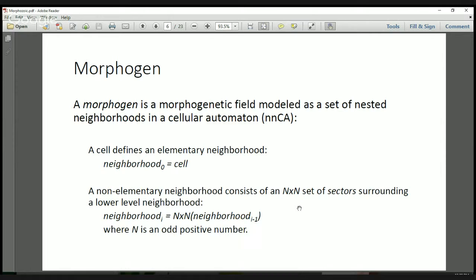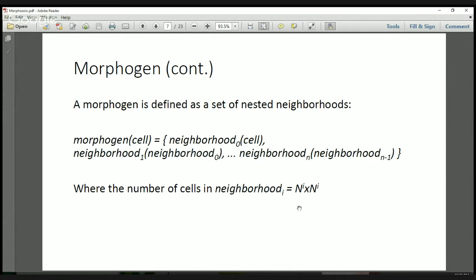So neighborhood sub i is an n by n quantity of neighborhoods of the next smaller, i minus one, set. A morphogen is defined as a set of nested neighborhoods, and here's the definition. We have a picture later to illustrate that.